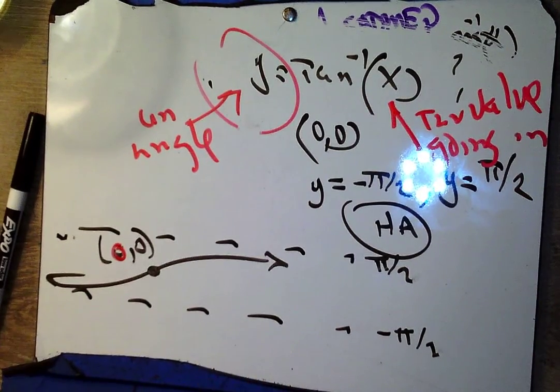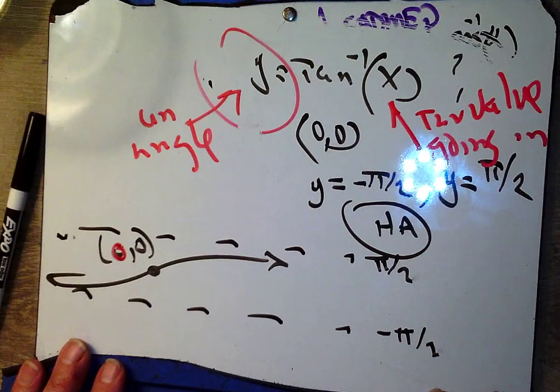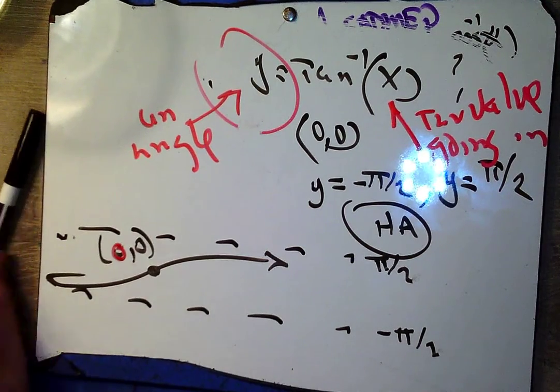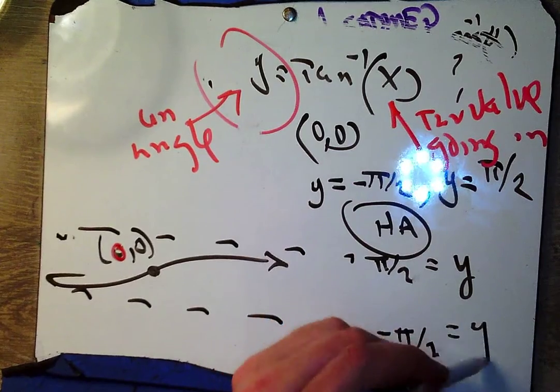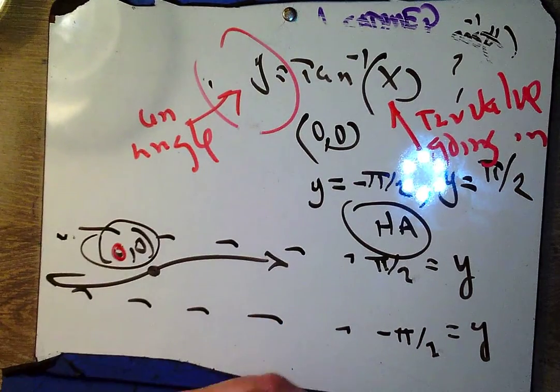So if I'm talking about doing transformations of this, this is really supposed to be very easy. We've got one ordered pair, and we have two horizontal asymptotes.